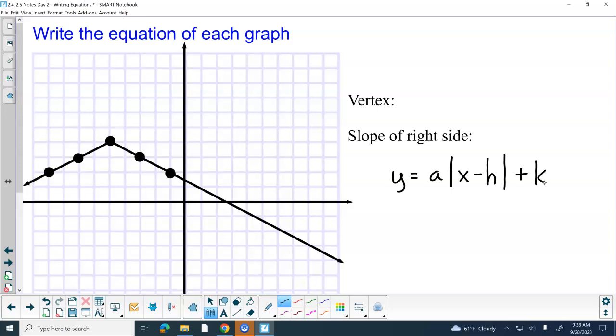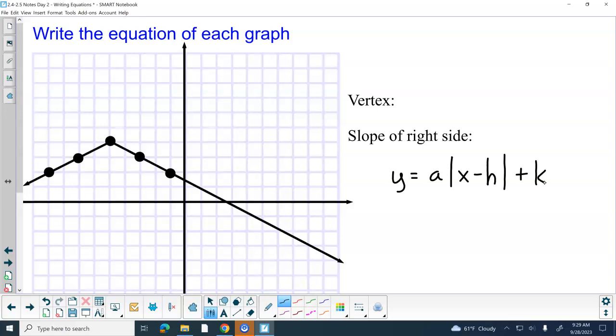Okay? What do you got? K shifts the graph up or down. Okay? Love it. Where are we at? H is opposite, but which way does it slide it then? Left and right. Yep, so H slides it left and right. A opens it up or down. Now, we also talked when we were graphing, we did something with A when we were graphing.